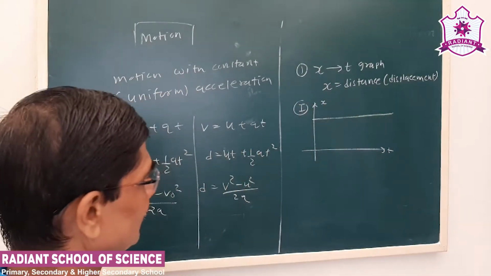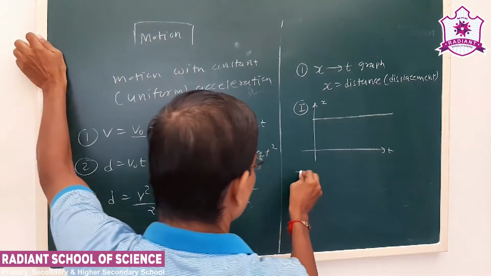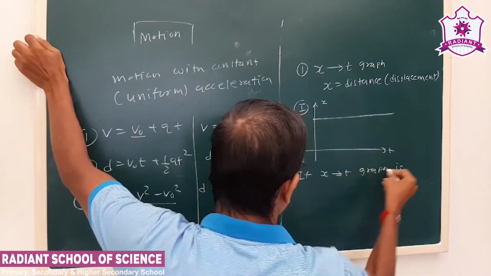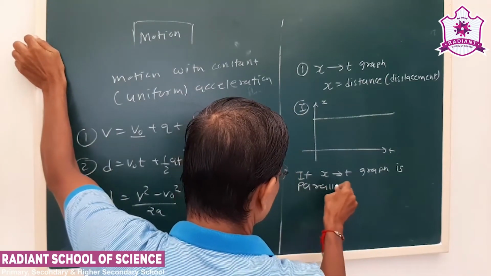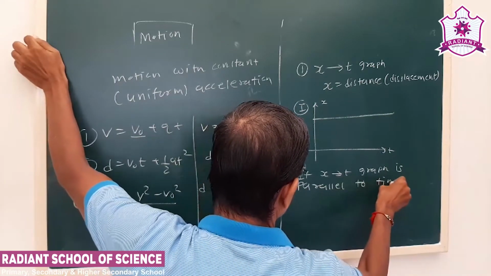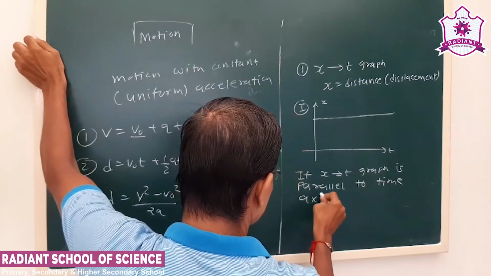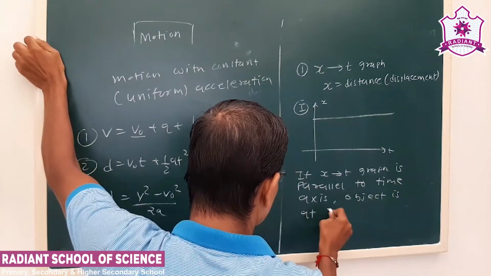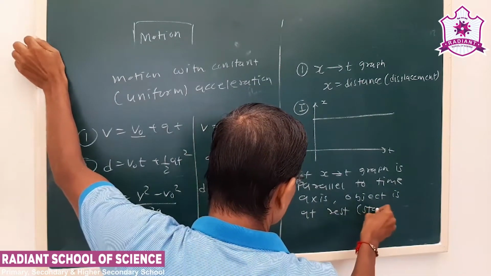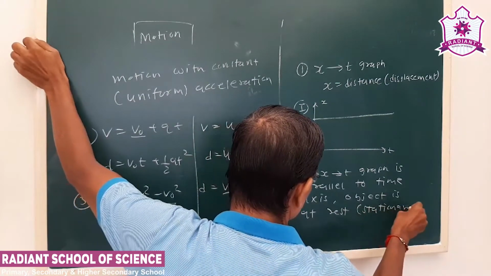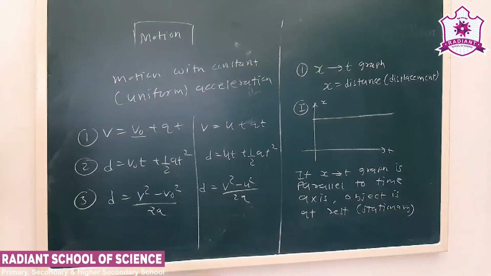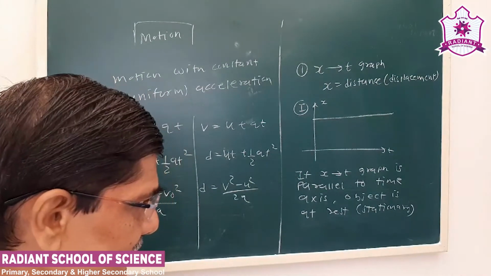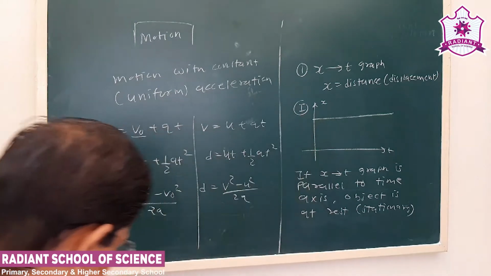If the x versus t graph is parallel to the time axis, the object is at rest or stationary.